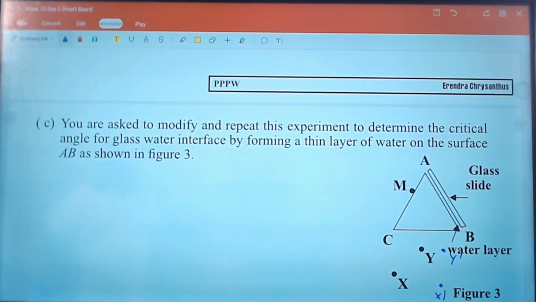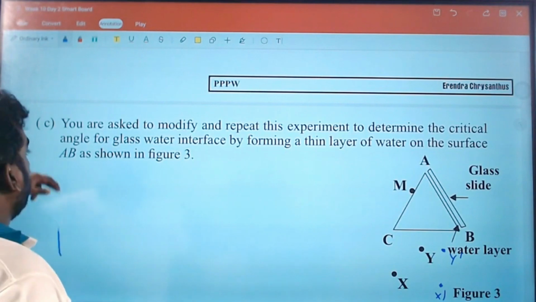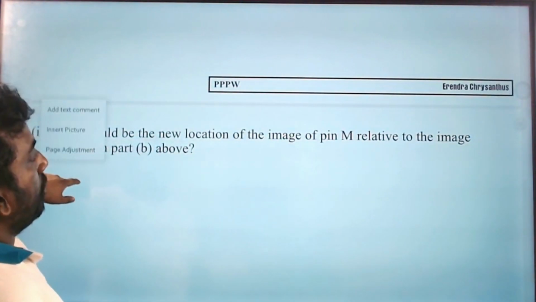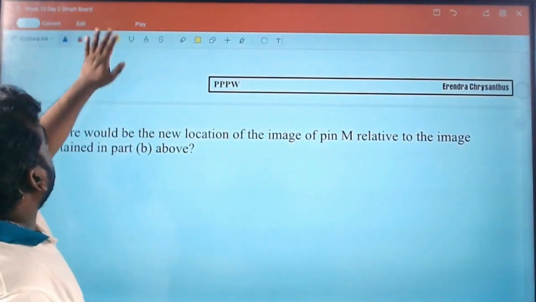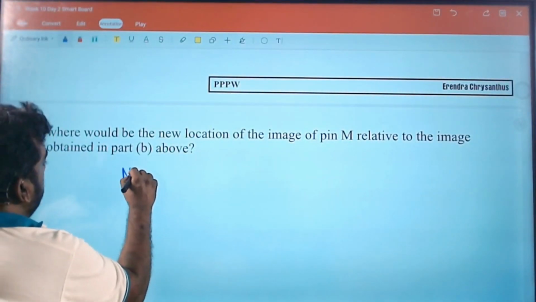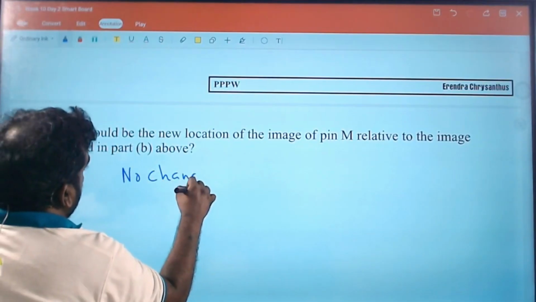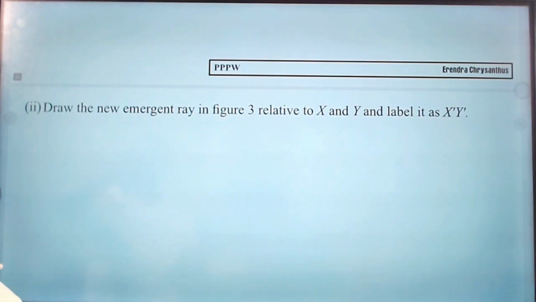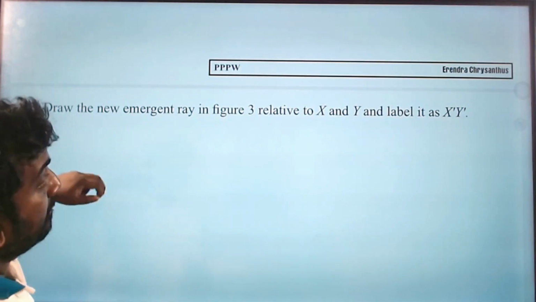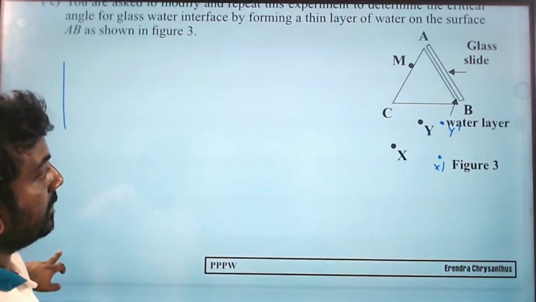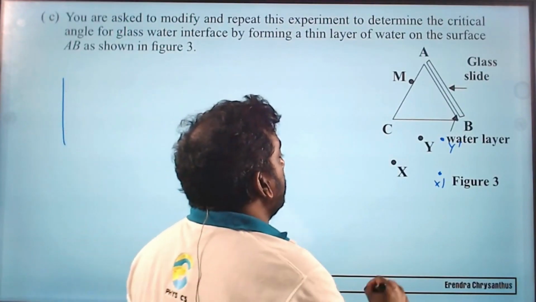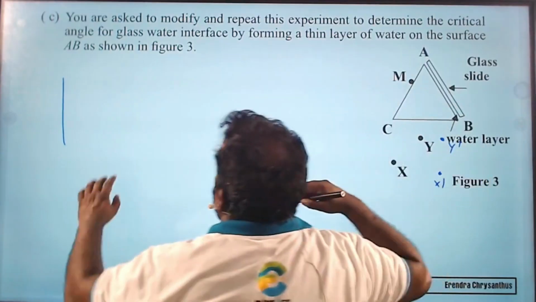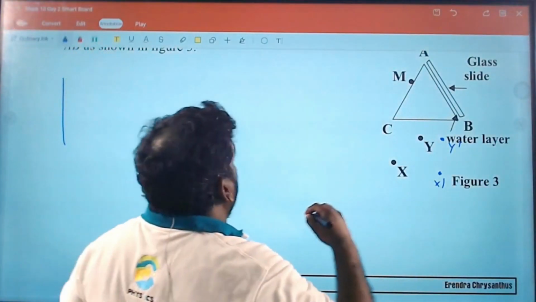They are asking where will the location of the image of pin M be? The image of pin M, no change. That of course no change. Draw the new emergent ray relative to X and Y. Label X dash, Y dash. I think here I have drawn. So here is the light ray.